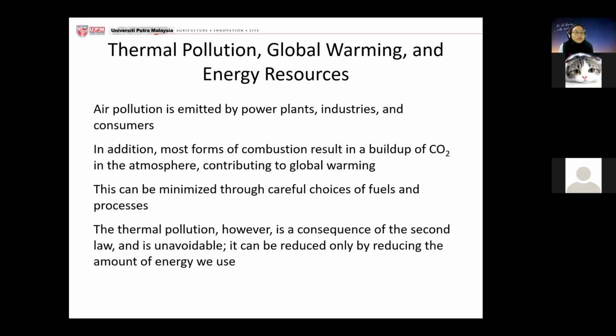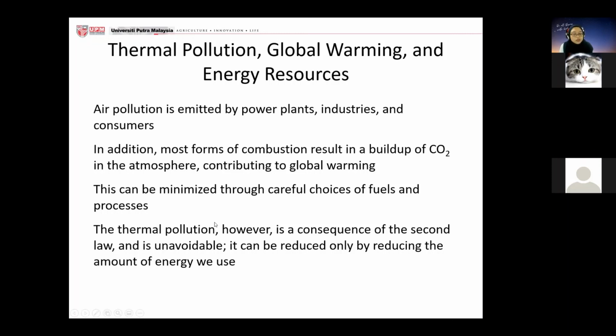So, of course, not only thermal pollution, we have air pollution emitted by power plants, industries, and consumers. And of course, most forms of combustion result in a buildup of CO2, and that contributes to global warming, right? This kind of situation can be minimized through careful choices of fuels and processes.